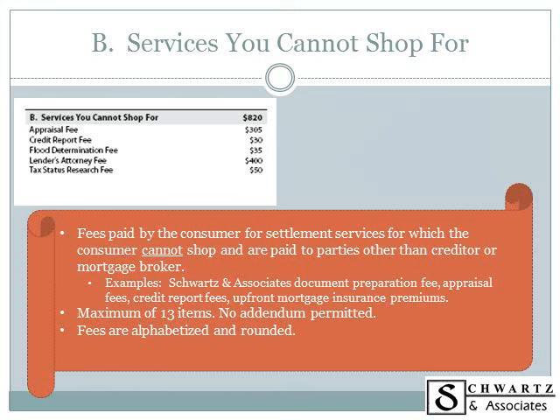An addendum itemizing additional charges is not acceptable in this section either. And again, all fees must be listed in alphabetical order, fee amounts rounded to the nearest whole dollar, and a sum of all figures reflected at the top of the section.